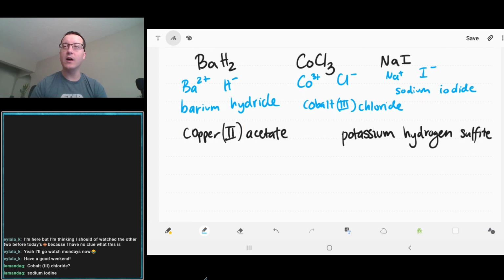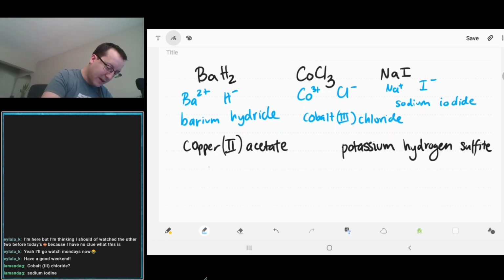Alrighty, so going from name to formula, I think, is a little bit easier, specifically because the transition metal charges are already given to us, so we don't have to think about them. All we have to do is charge balance our compounds.